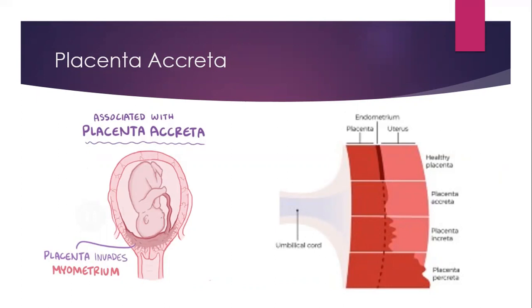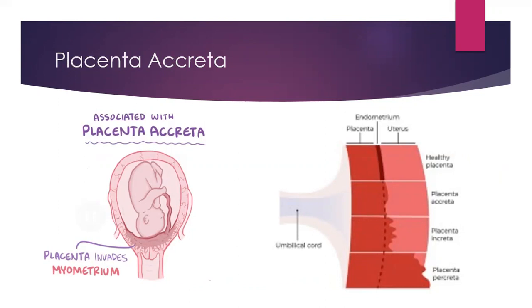So there are obviously stages or classifications for this. So we'll have the normal placenta, where the placenta attaches to the endometrium, which is then attached to the uterus. Or you'll have placenta accreta, where the placenta attaches through the endometrium directly into the uterine wall. Placenta increta is when it invades into the uterine wall further than placenta accreta.